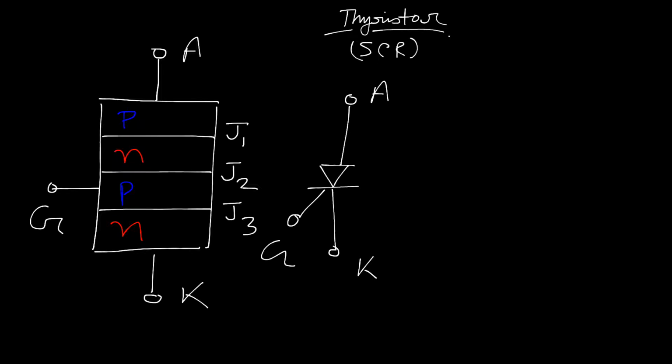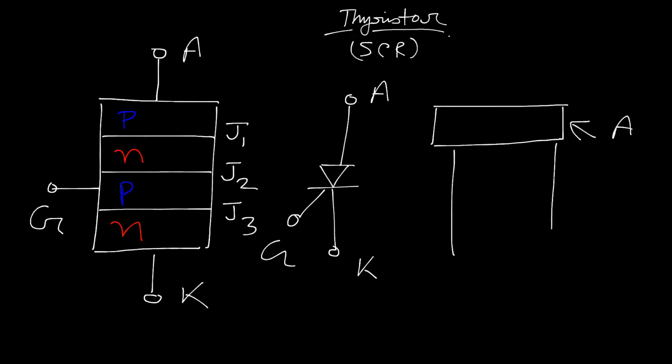To be more detailed, the basic construction can be redrawn like this, as a huge space is occupied. This is the anode terminal, which is actually manufactured from aluminium, and the other layers, the 3 layers, P, N, and the last one.